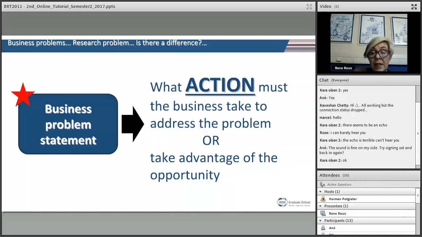So, the business problem is, remember I said they find something that is problematic, or an opportunity. The business problem is action orientated. So it's really, what action must the business take to address the problem? Or what action must they take to take advantage of an opportunity?